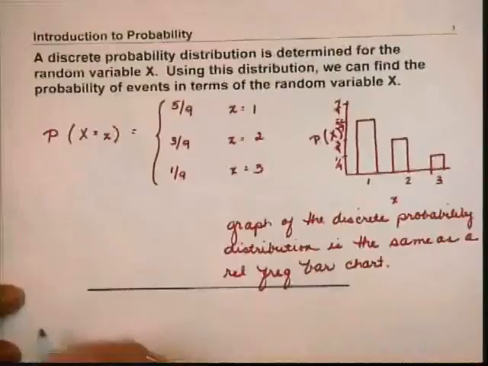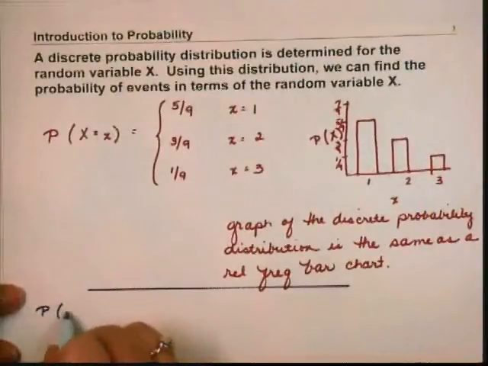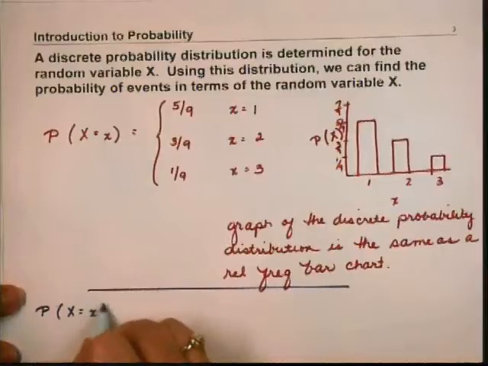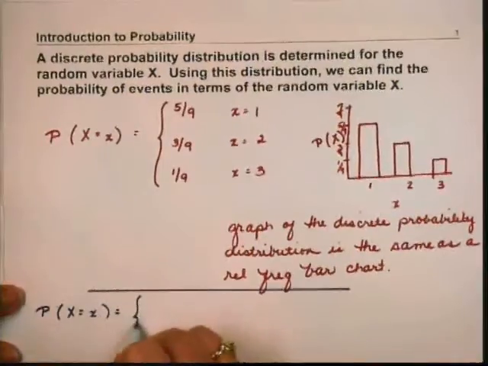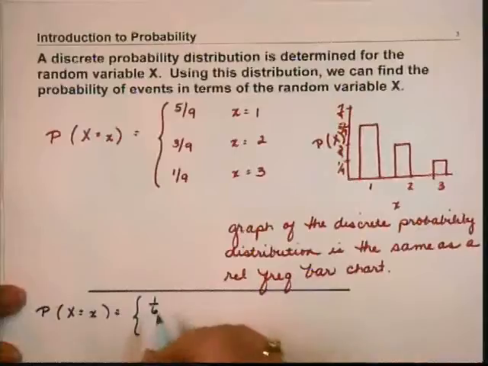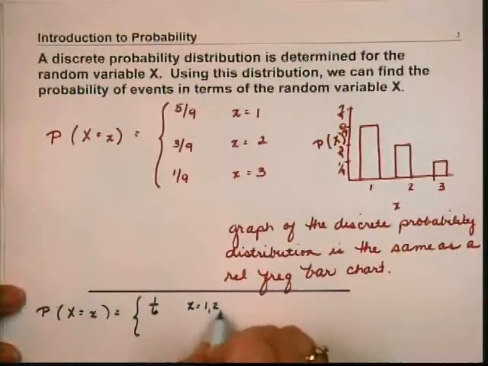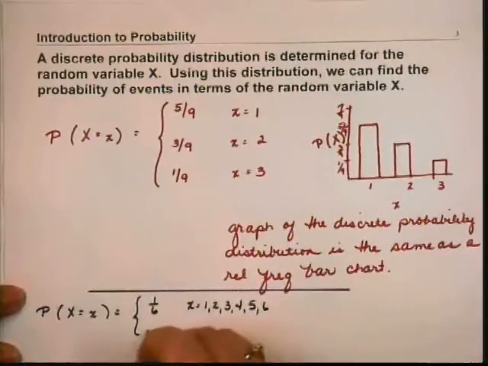In a second example, we could have that the probability of x equal to lowercase x, we could write it again as a step function. It's equal to 1/6 for values of x equal to the integers 1 through 6, 1, 2, 3, 4, 5, 6, and 0 otherwise.